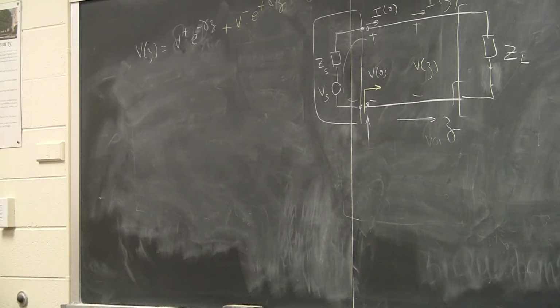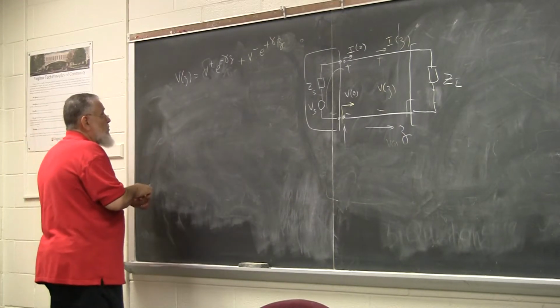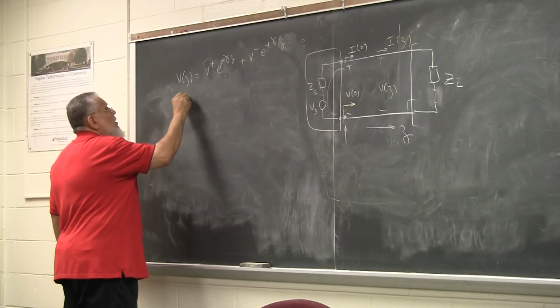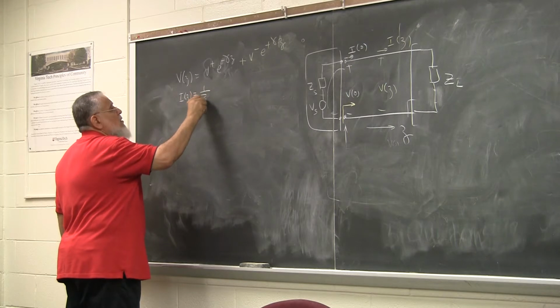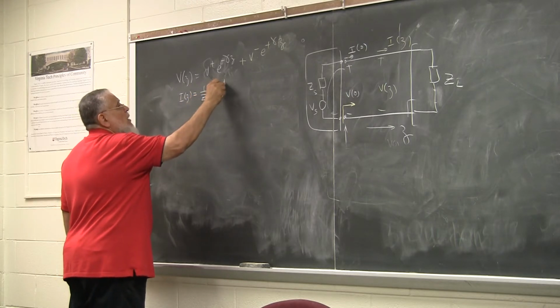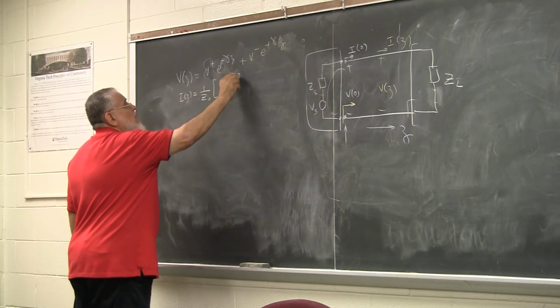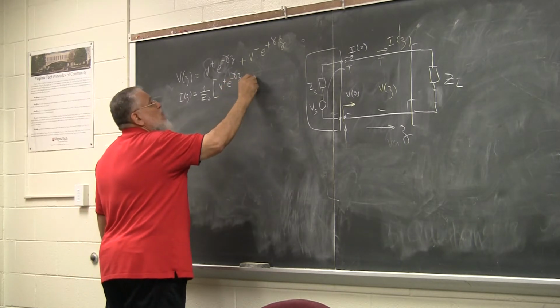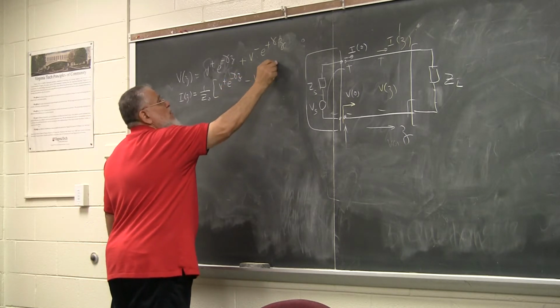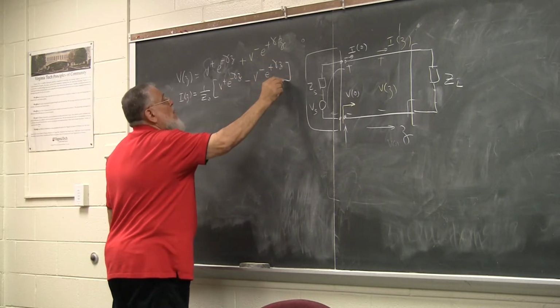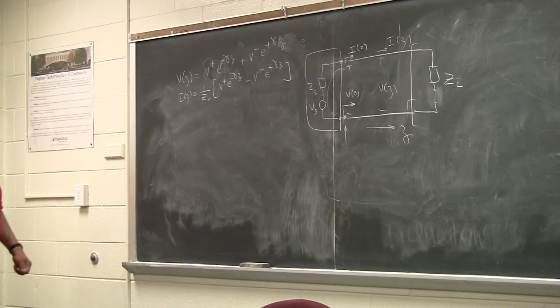I have waves traveling both ways. The solution for I of z that we had was 1 over Z naught, V plus e to the minus gamma z minus V minus e to the plus gamma z. Both of them.